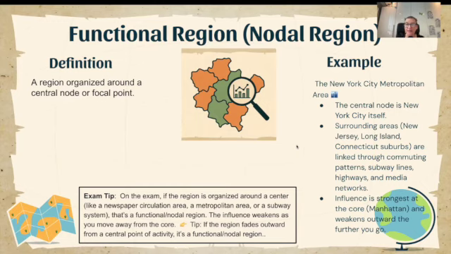The surrounding areas, New Jersey, Long Island, Connecticut suburbs, are linked through commuting patterns, subway lines, highways, and media networks. The influence is strongest at the core, Manhattan, and weakens as you move outwards. Here's the exam tip. On the exam, if the region is organized around a center, like a newspaper circulation area, a metropolitan area, a subway system, that's a functional nodal region. The influence weakens as you move away from the core. So, for example, if the region fades outwards from a central point of activity, it's a functional nodal region.